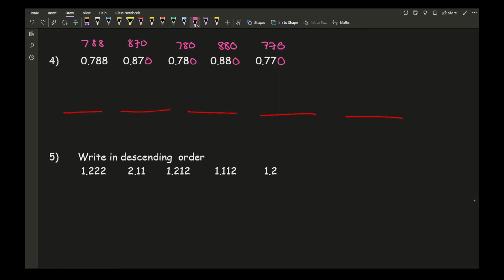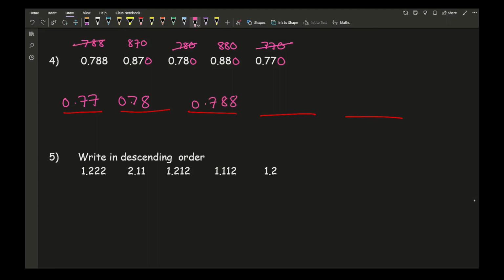And there we go. So from this list, I can see that in terms of the smallest, that 770 is my smallest. I've got 0.77. And again, I can cross that off. And then I've got 780, so 0.78. Cross that off. For the next smallest, it's going to be 0.788.